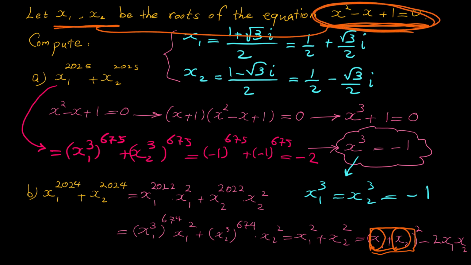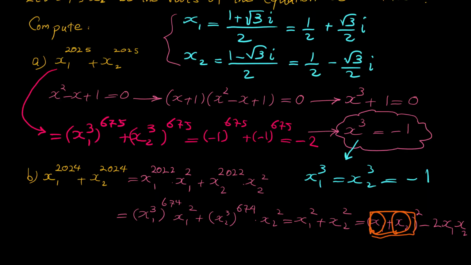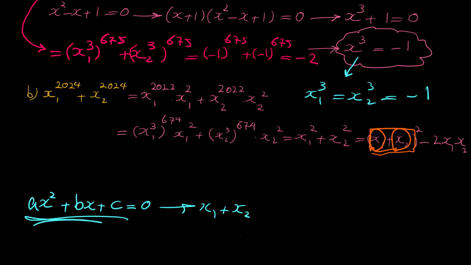We know that in a quadratic equation in general, let me remind you of this fact. When we have in general a quadratic equation, let's say ax to the 2 plus bx plus c equals 0, and x1 and x2 are the roots of this equation, the sum of the roots is always equal to negative b over a.